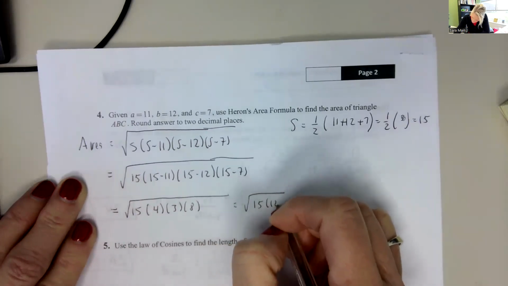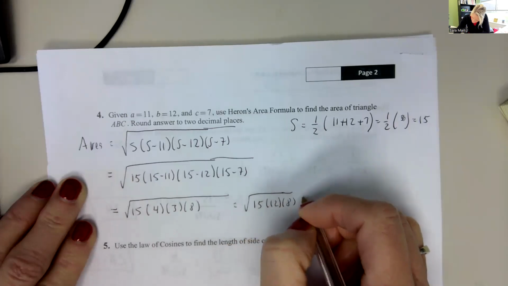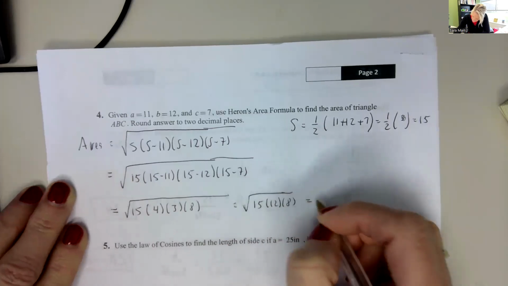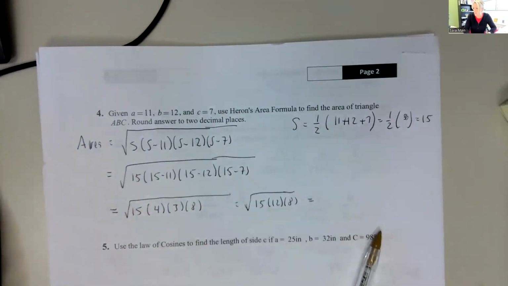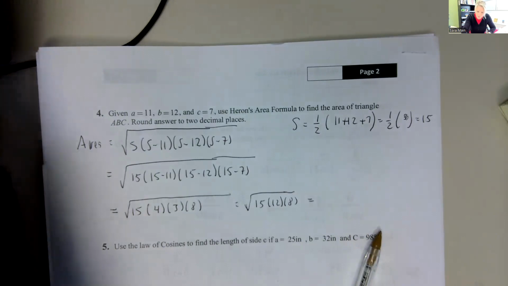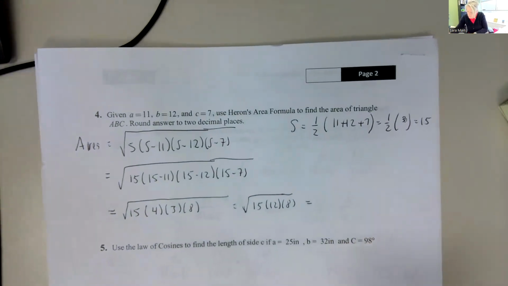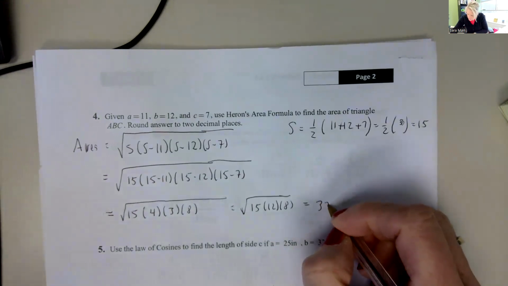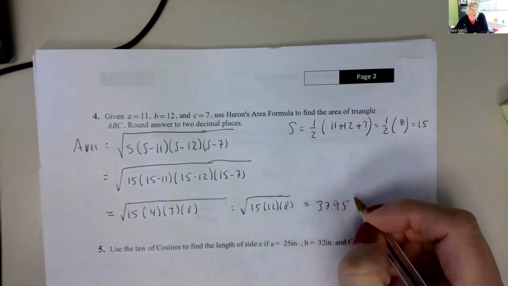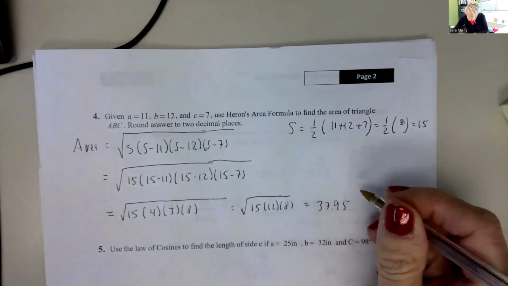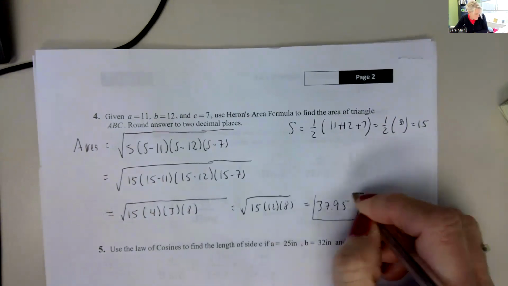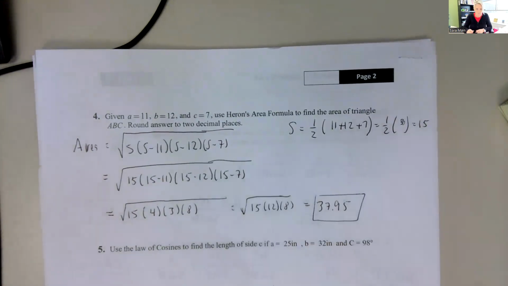So 15 times 4 times 3 times 8 is what's under the root, and I'm going to go over here to the square root of that. And I get 37.95 is my answer. And whatever my units are, they would be square units.